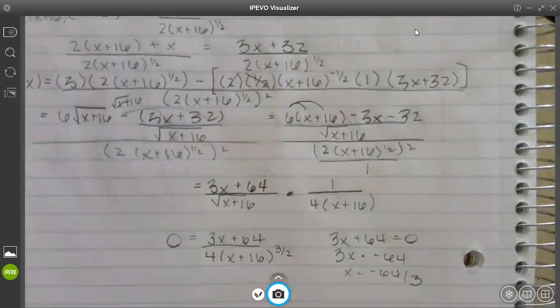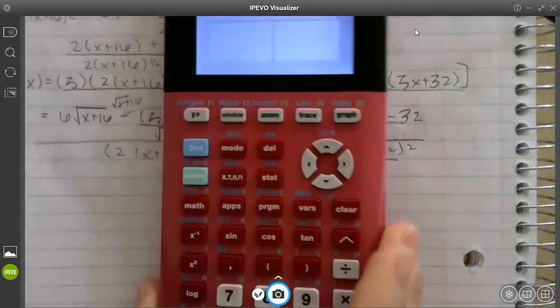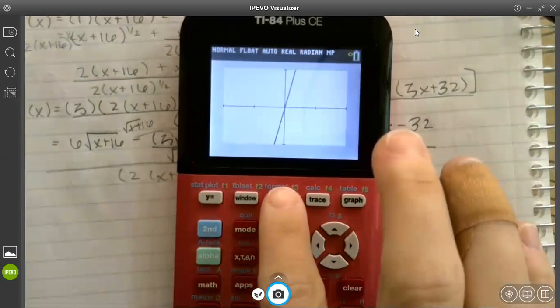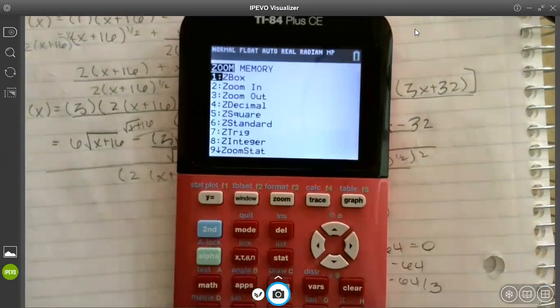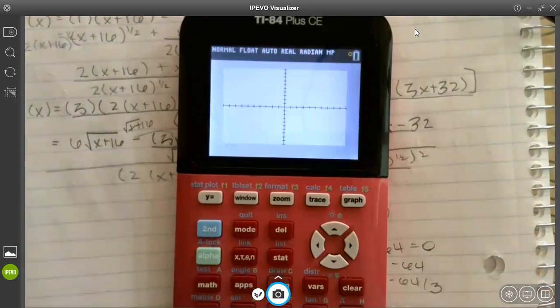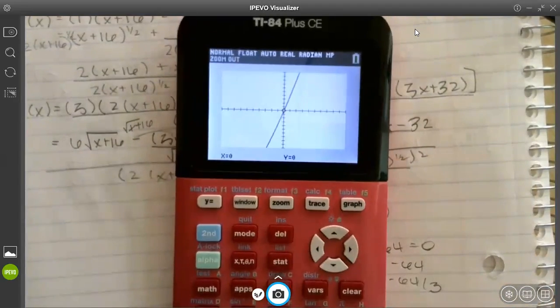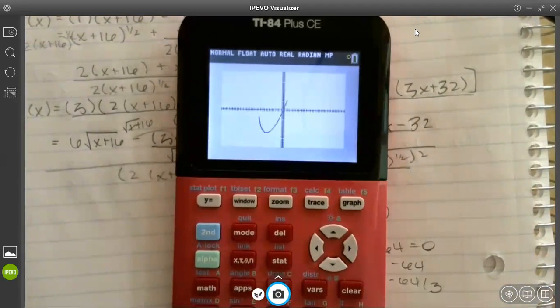Let me graph that for you. X, the regular function, x plus 16. Let me zoom 6. Hold on. It's all crazy. You guys see this graph?